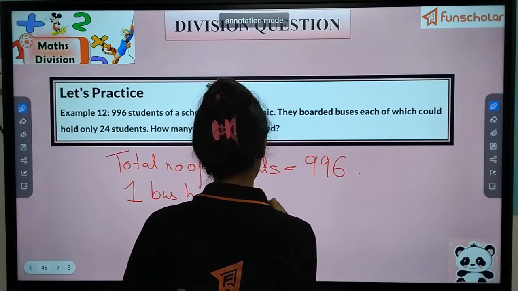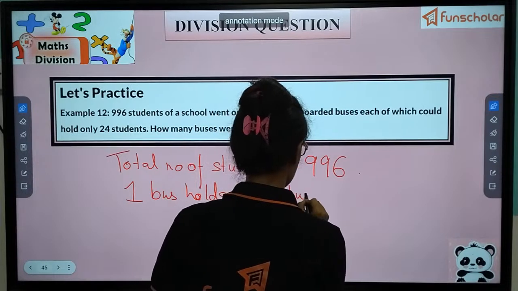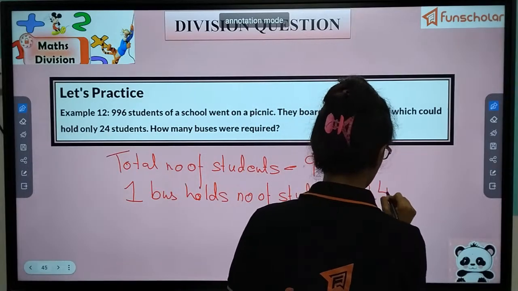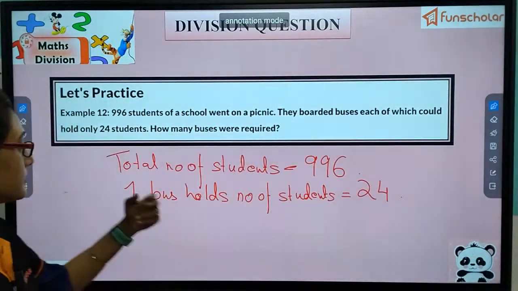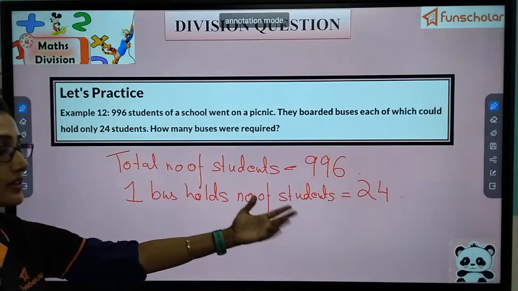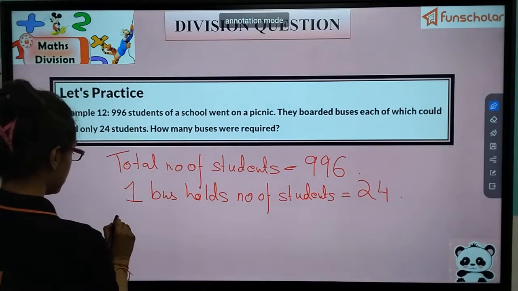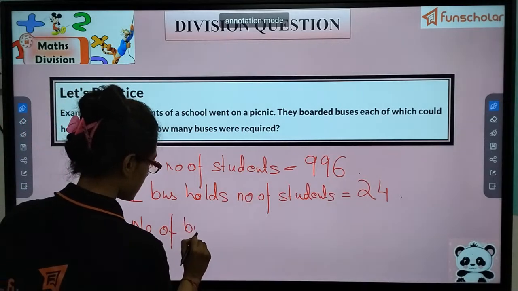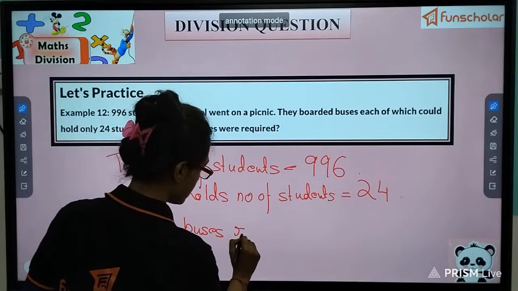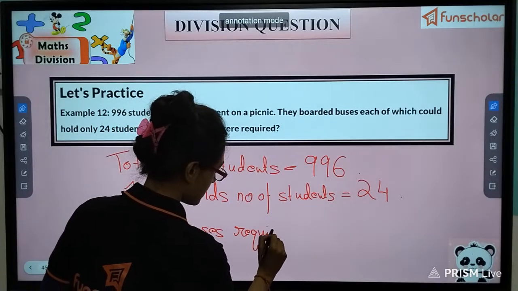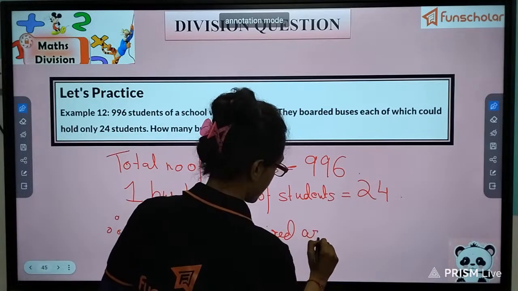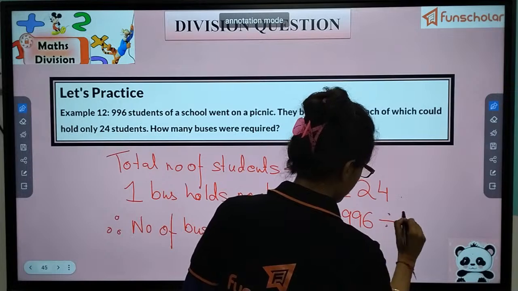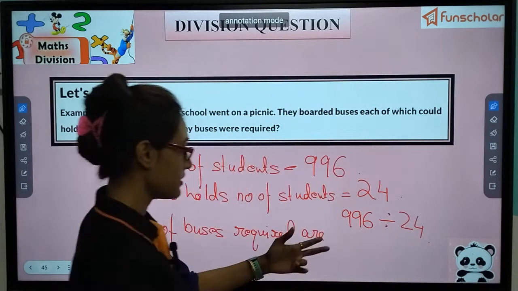Holds number of students equal to 24. Then how many buses are required? So what we will do? Therefore, number of buses required are 996 divided by 24.